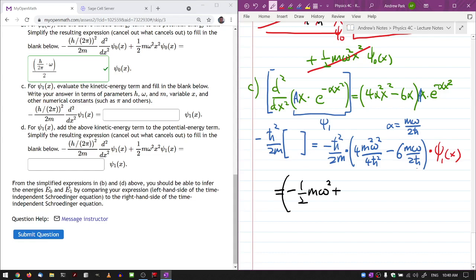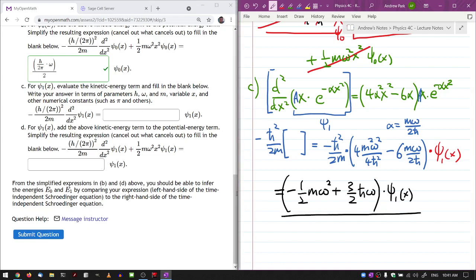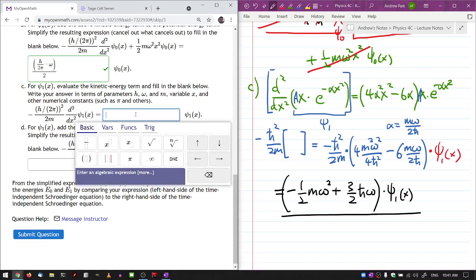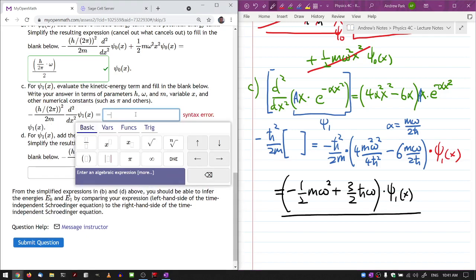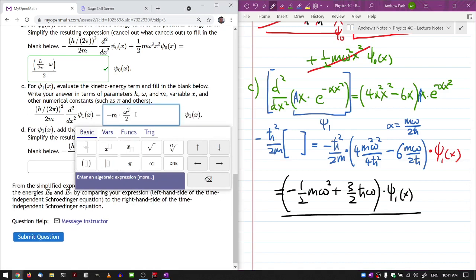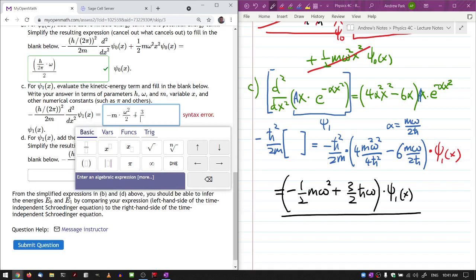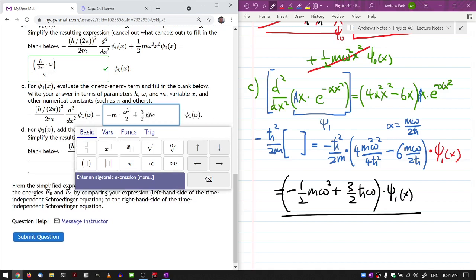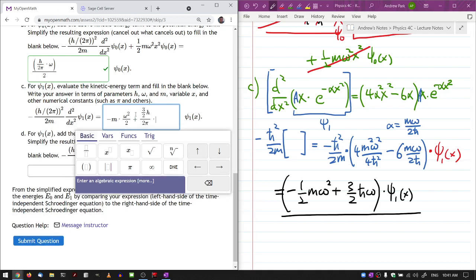One factor of h bar cancels, one factor of m cancels, so I have plus 3 halves h bar omega times psi 1 of x. All right, let me enter that in. So it should be minus m omega squared over 2 plus 3 halves times h bar, h over 2 pi, times omega.